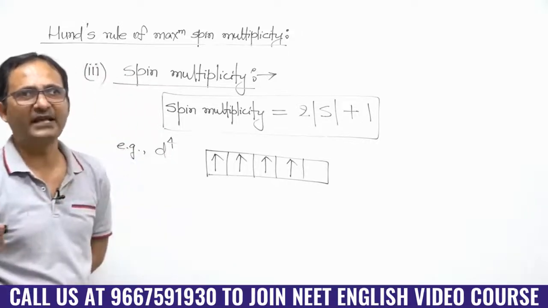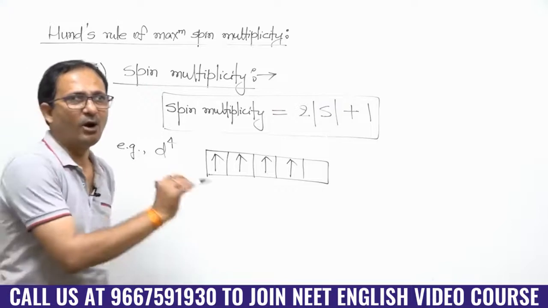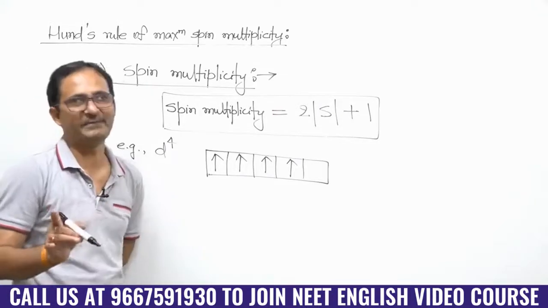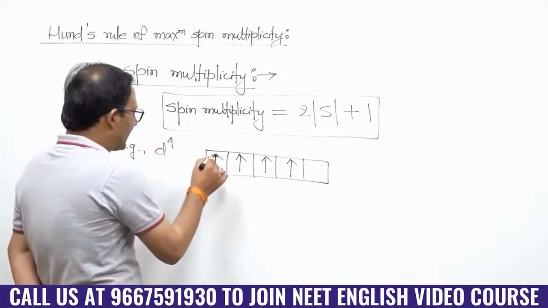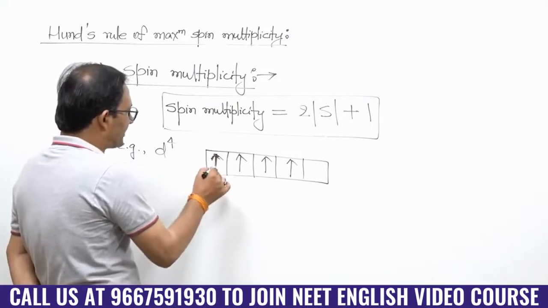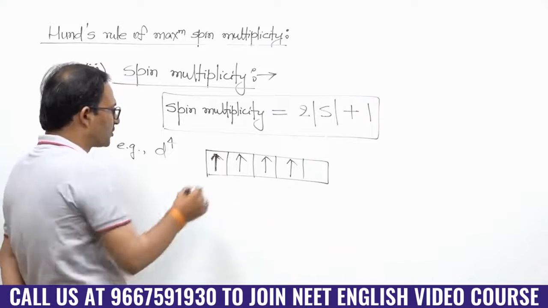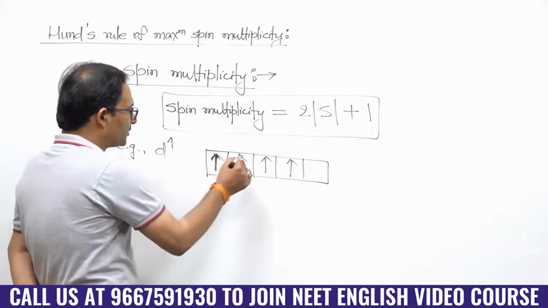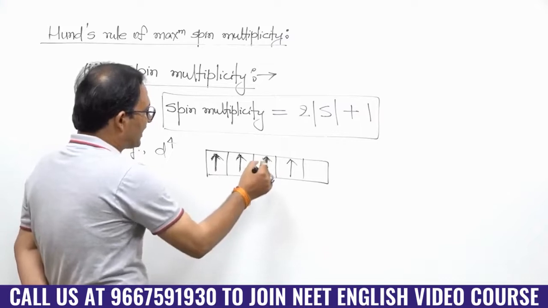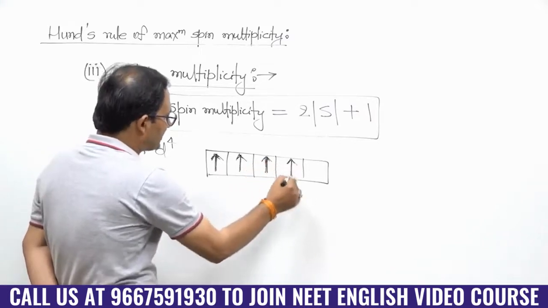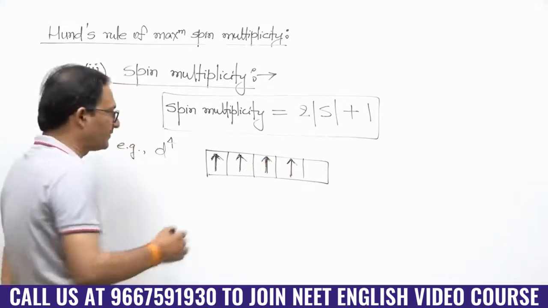It is the same thing, but remember here all electrons should have the same spin, right? Now, the spin quantum number of this electron will be plus half. This will also have plus half, this will have plus half, and this will have plus half.